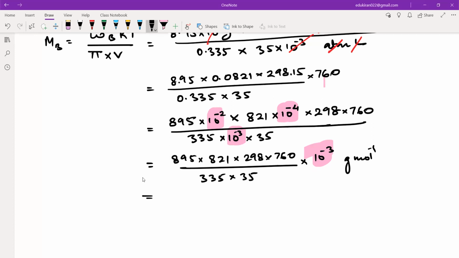Those who have calculated once and are not getting the answer, do it not in the main paper, but in the rough part of your paper. You can solve for 900 into 800 into 300 into 760 divided by 335 into 35. Solve this. You will get a similar type of answer.